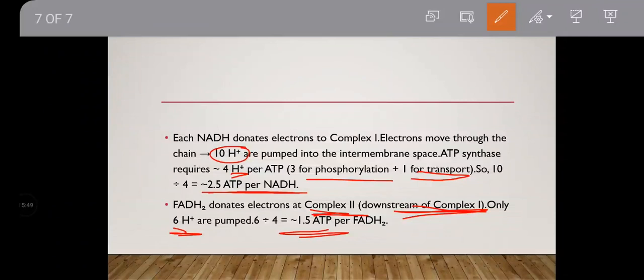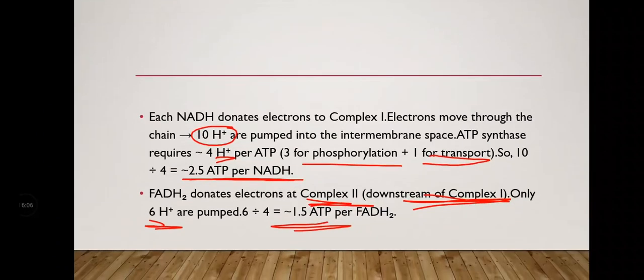One FADH2 produces 1.5 ATP molecules. That is the energy generation, or the ATP output.